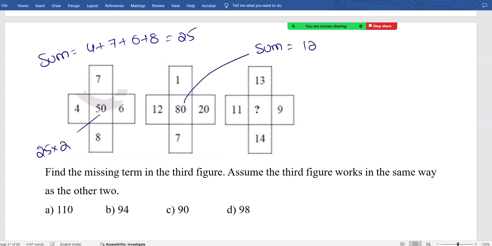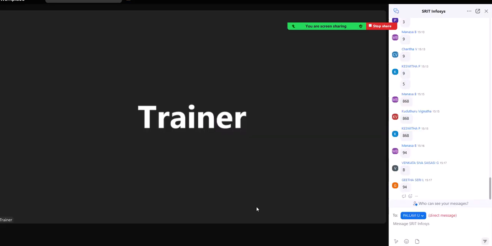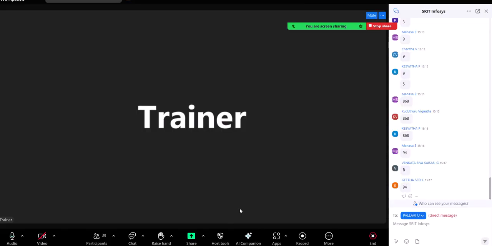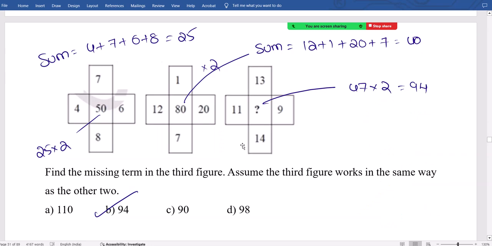Sum of all outside values is nothing but equal to 40. Double is nothing but middle. Now here we have 25, 34, 47. Yes, 47 double. Excellent. 94 is the answer. One of your friend already given the answer is 94. Geeta Shri, very good. Before that, Sai Sasi, Manasa, superb.